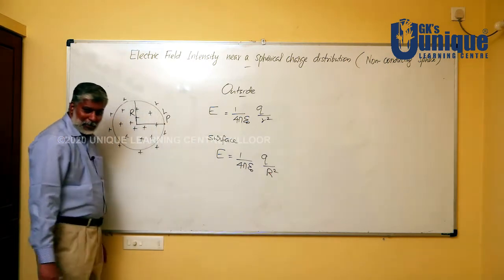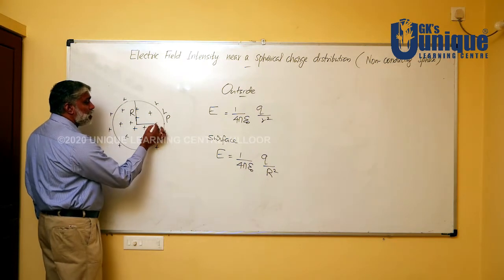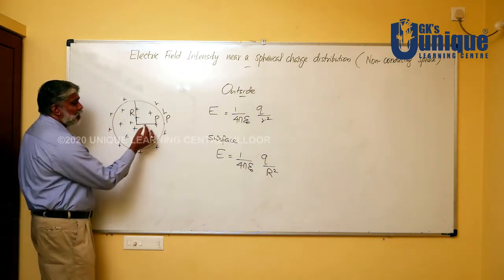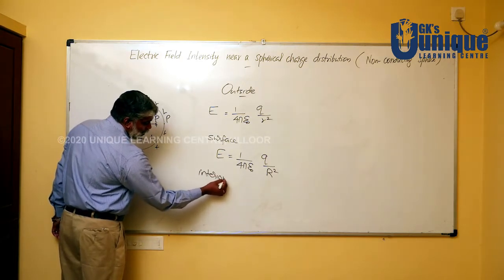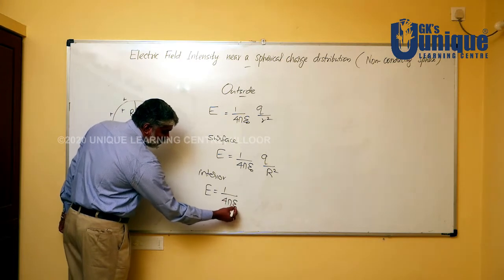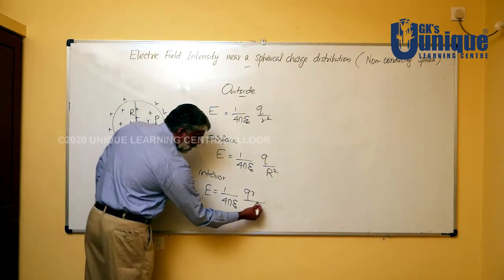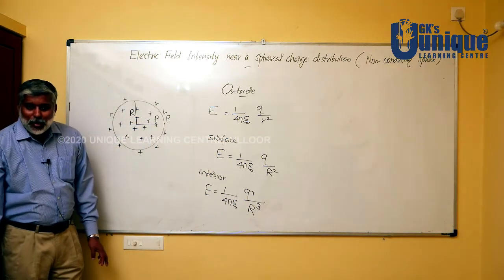This also you can keep in mind. Then if your point P is in the interior, this distance is r, then in the interior the electric field is 1 by 4 pi epsilon 0 q r by capital R cube. Keep in mind.